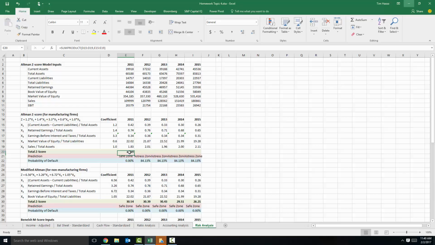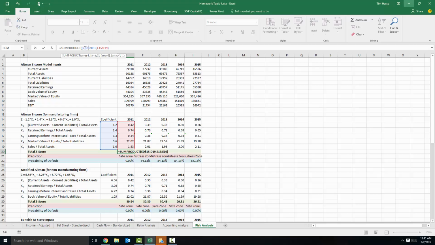Now, in order for you to be able to drag it to the right, you know that Excel will essentially drag all the reference cells to the right. So what you want to do is lock the coefficient cells. In order to do that, I'm going to go D15 to D19, I'm going to press F4, or I'm going to be using the dollar sign.